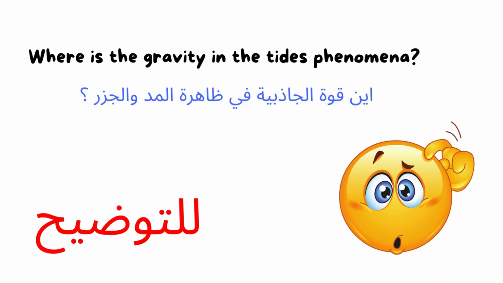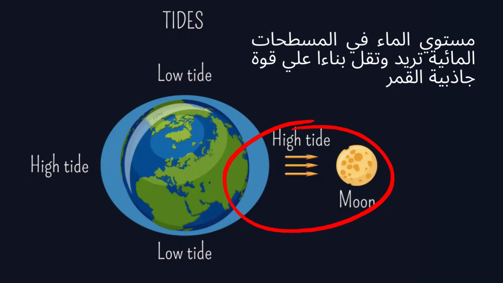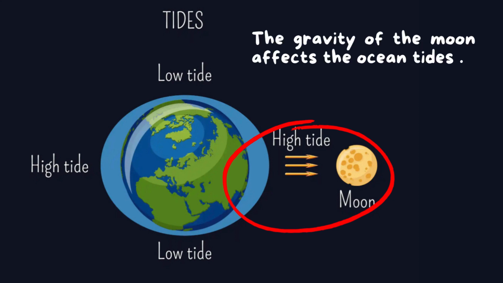As you see here, the gravity of the moon affects the water levels in the oceans and causes what? Tides, yes.